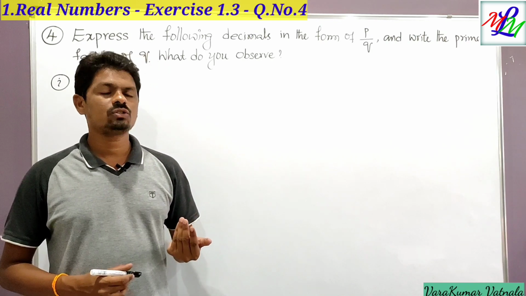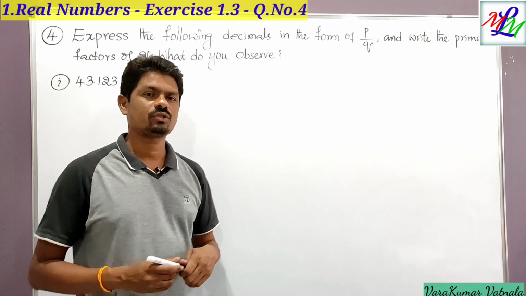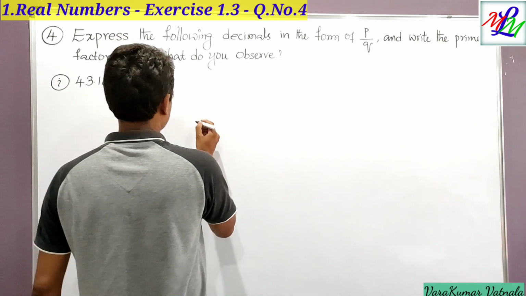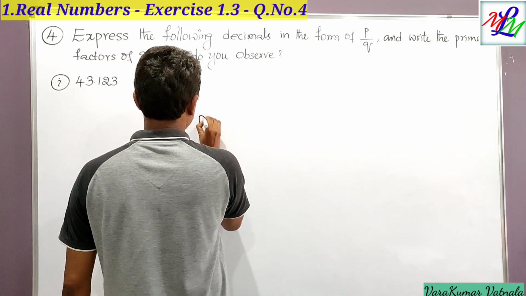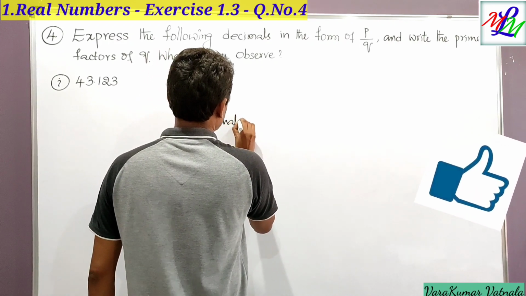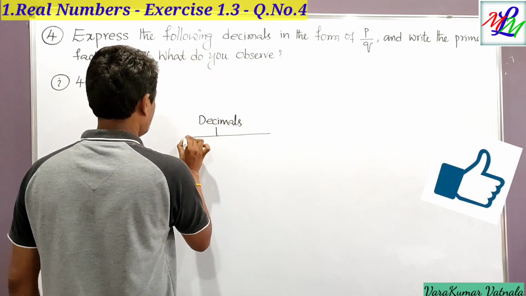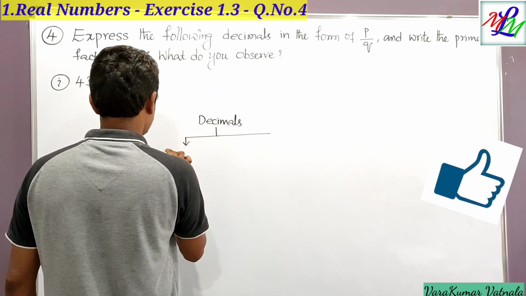Before that, we must have a clear idea about the decimal forms. Decimals are of two types: terminating decimals and non-terminating decimals.